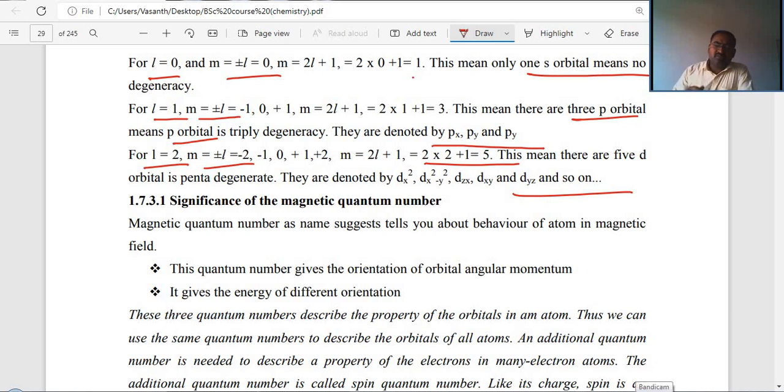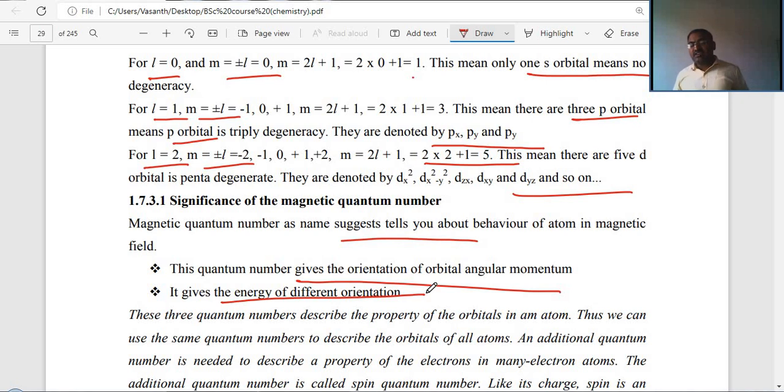The magnetic quantum number, as the name suggests, tells you about the behavior of electrons in a magnetic field. It gives the orientation of the orbital angular momentum and gives the energy of different orientations.